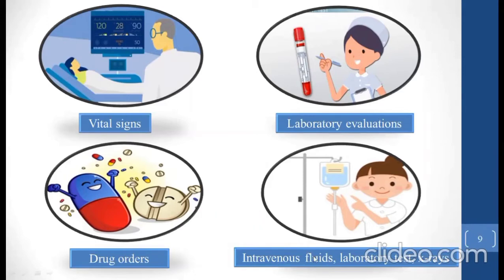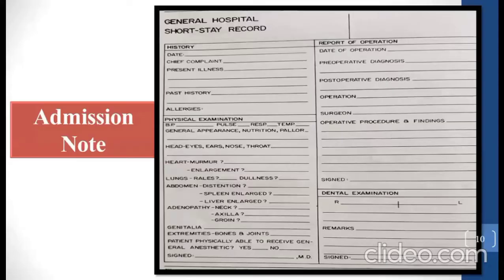The intravenous fluid, laboratory test and the x-rays are usually indicated only by the child's physician or specifying special treatment which may be required by some severely handicapped children. Now the admission note. This includes history part, physical examination, report of the operation, and the dental examination. All should be included in the admission note.